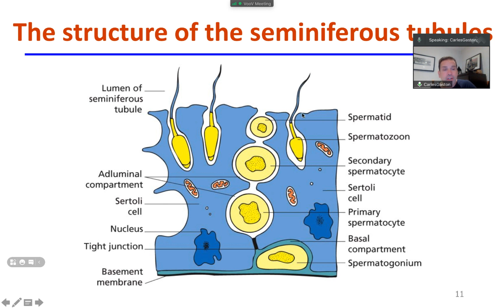Once this spermatozoon has finished its differentiation, it's released into the lumen of the seminiferous tubule. The Sertoli cell produces hormones which are important for sperm maturation. And as you can see here, they have mitochondria and also the nucleus of the Sertoli cell.